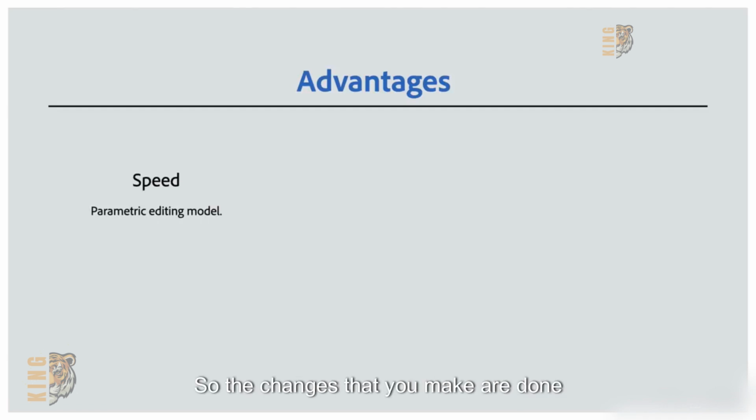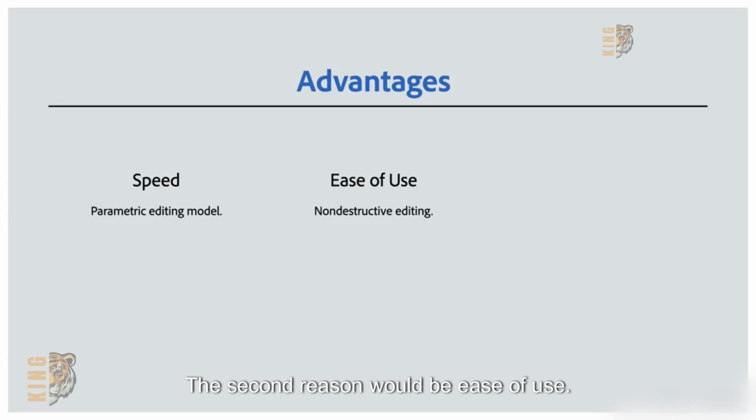So the changes that you make are done using a parametric image editing model, and this means that the application quickly applies a set of instructions to alter how the image is displayed on screen. This type of editing can be significantly faster when compared to a pixel editing application such as Photoshop. The second reason would be ease of use. So the Camera Raw technology is streamlined for image editing.